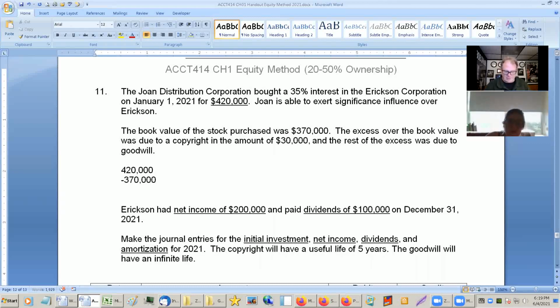So this is the purchase price. This is the book value. So the total excess is 50,000.